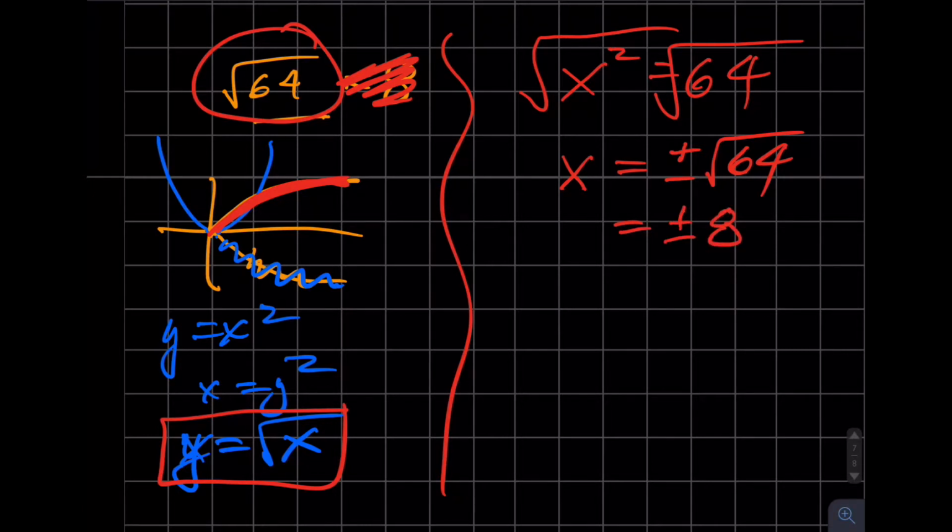So the answer to this equation is x equals plus or minus 8, because if I put negative 8 in the original equation, negative 8 squared is in fact equal to 64.